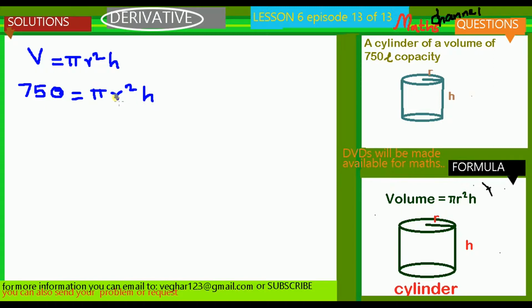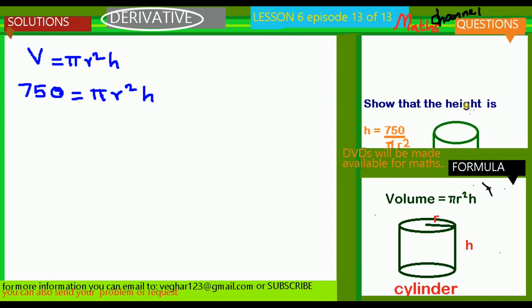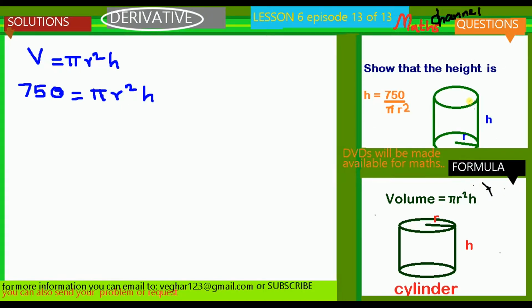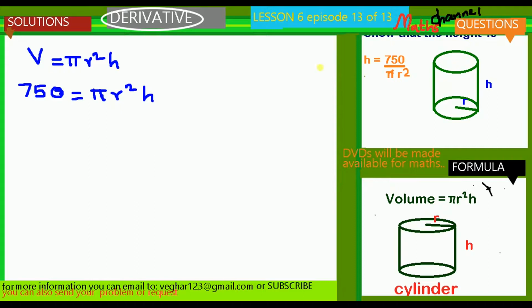So here they are asking us to make H the subject of the formula. So how do you make H the subject of the formula? Because we have pi r square, we'll divide both sides by pi r square.